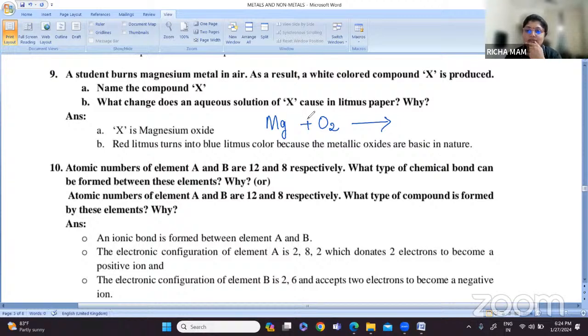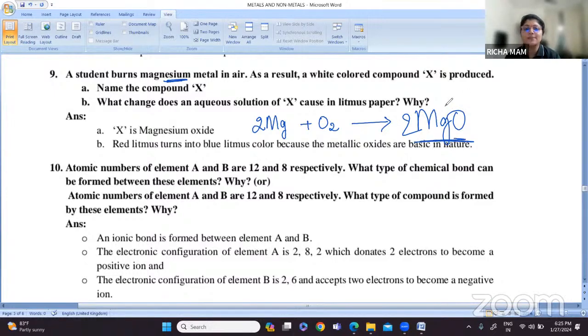So what will be the product formed here? It will be 2MgO, magnesium oxide.